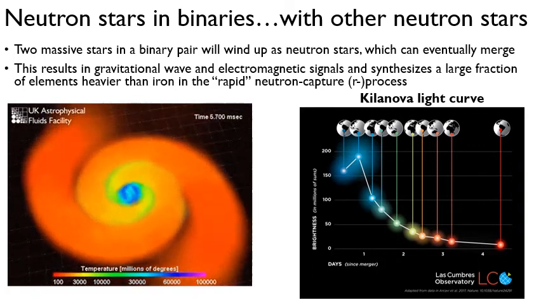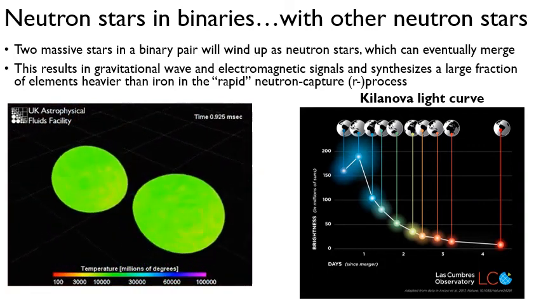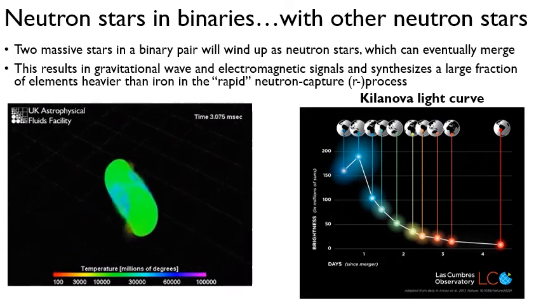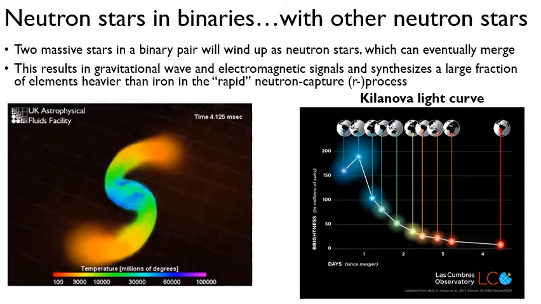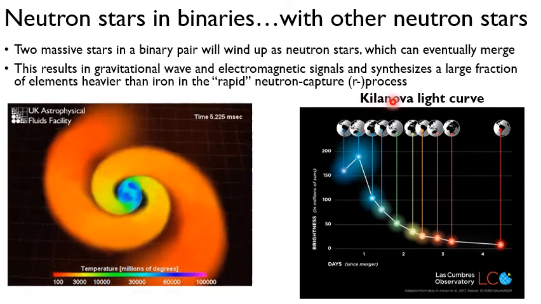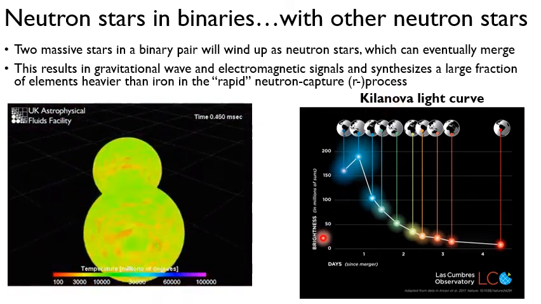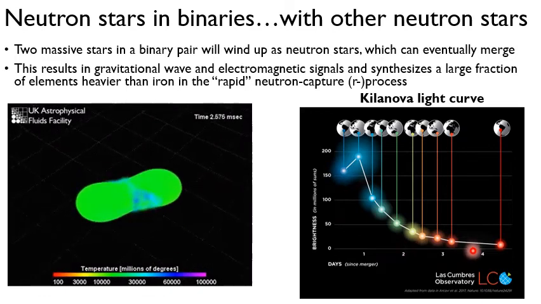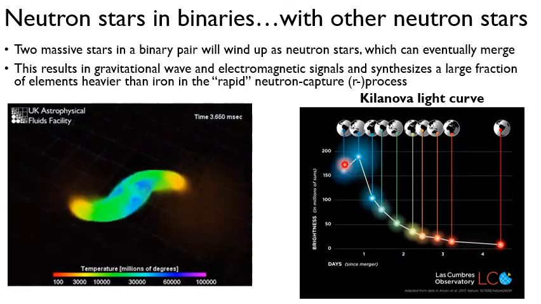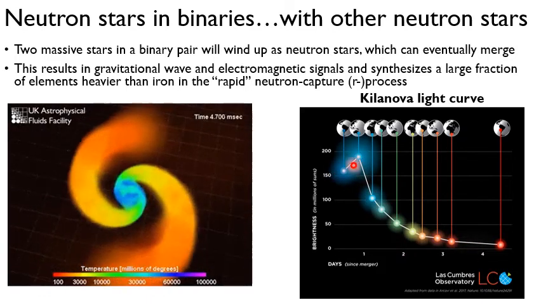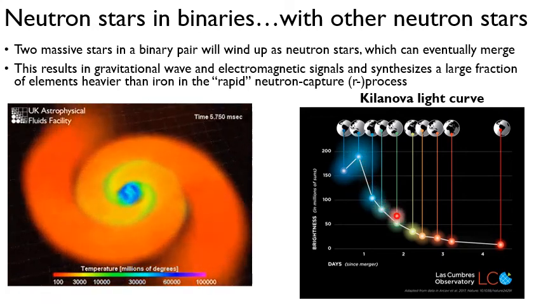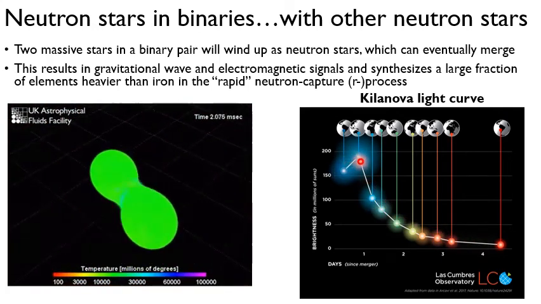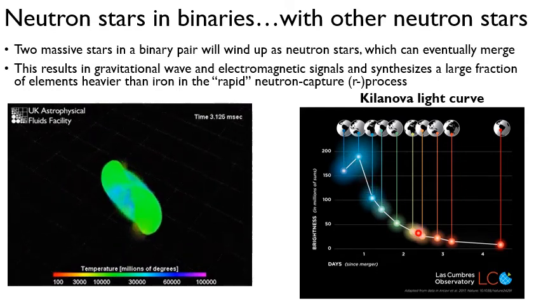So the key smoking gun was not only gravitational waves from a neutron star merger and simultaneous gamma rays, but there's this special thing called a kilonova. And this is an optical light curve, so you look at the brightness as a function of time here, and the shape of the light curve and the way that the color changes over time, you can use this to figure out that, for instance, we have elements like gold being made.